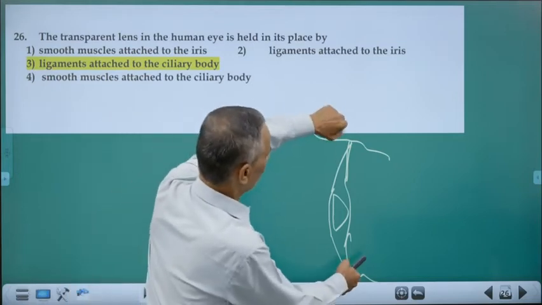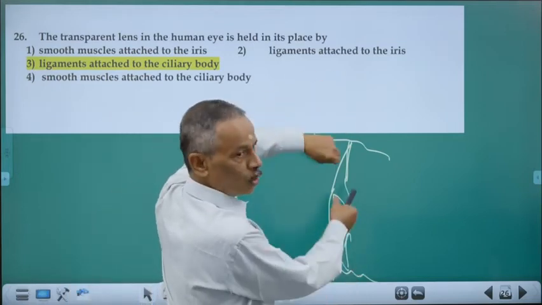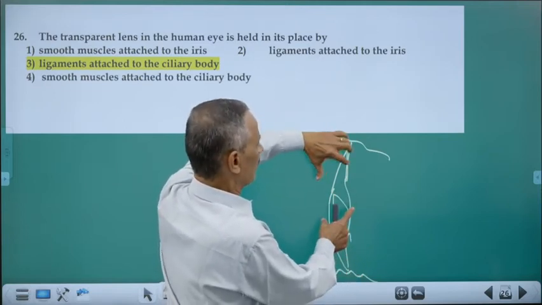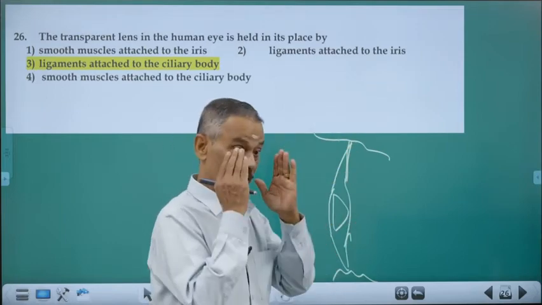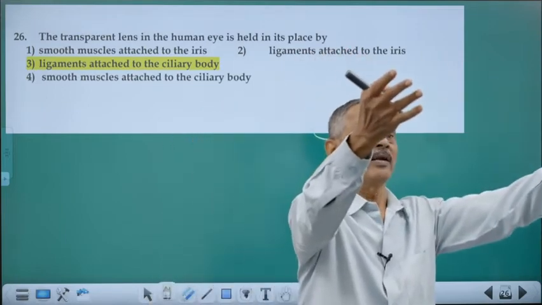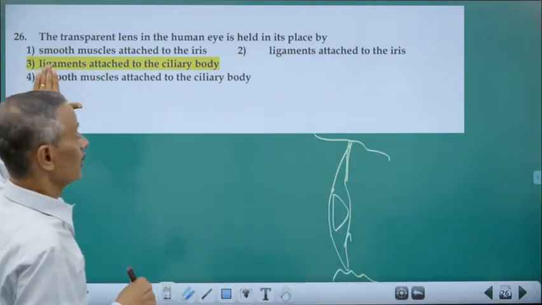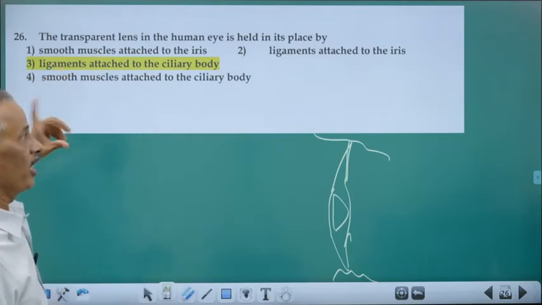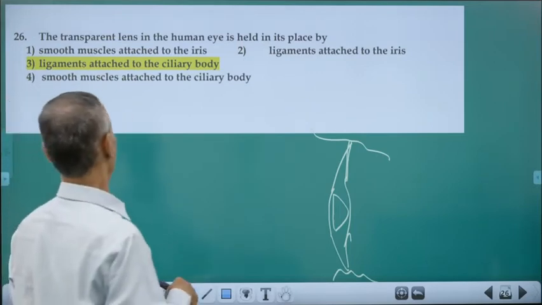And because of the contraction and regulation of the ciliary muscles, the ligament will be pulled or pushed, and it will be exerting differential pressure so that the curvature of the lens will be varying. That is why we are able to see close by and far distant objects. That power is called accommodation.